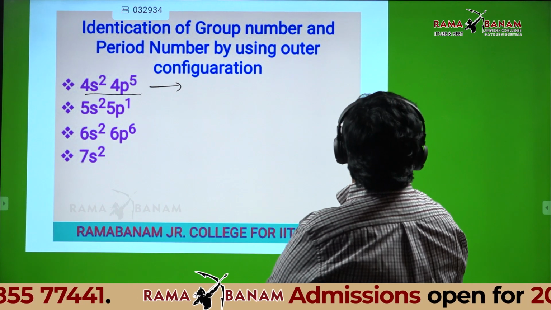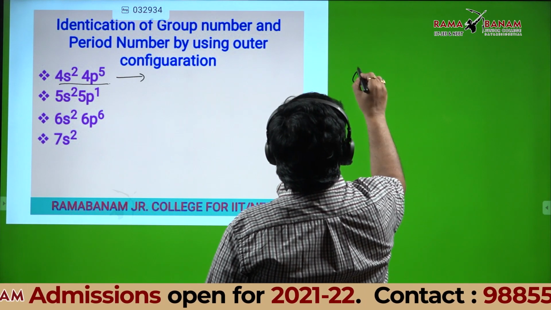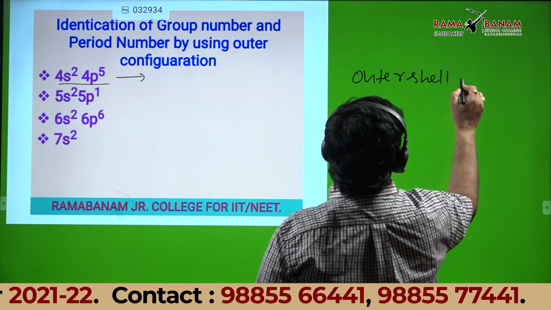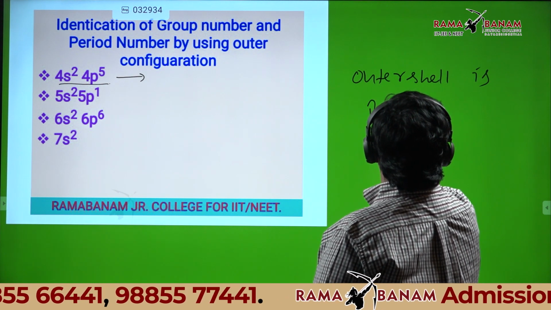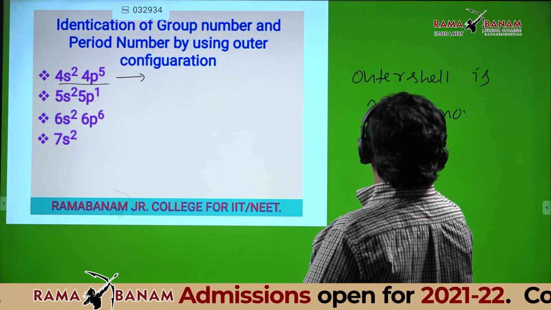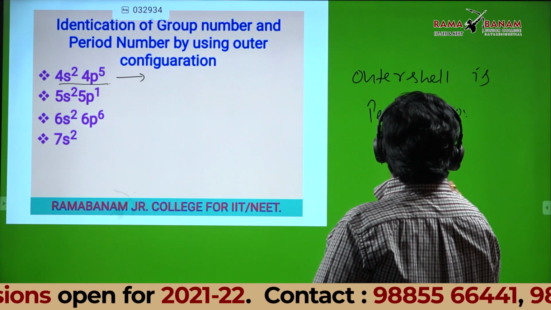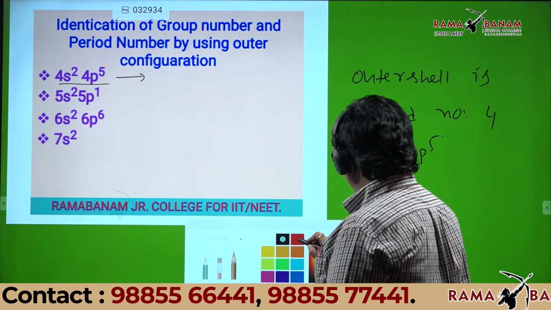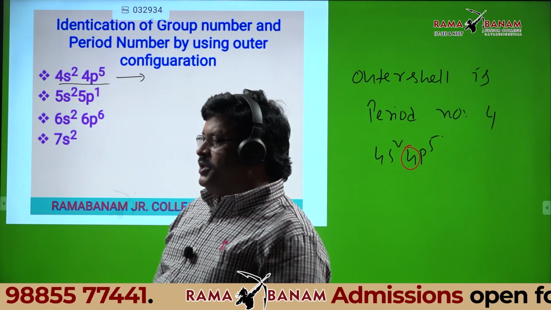Students, remember one thing: whatever the outer shell is, that is the period number. So, because it is 4s2 4p5, its period number is 4. Outer shell is 4, so its period number is 4. Is it okay?